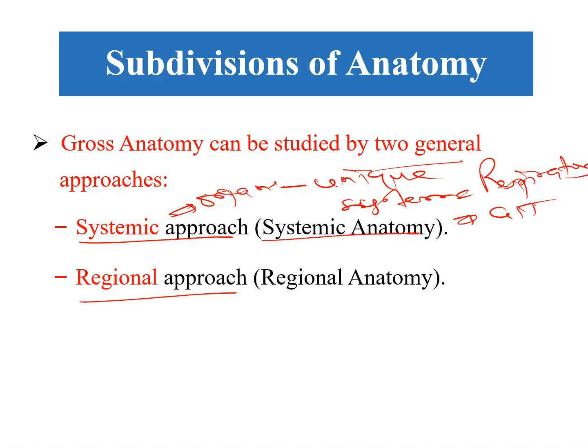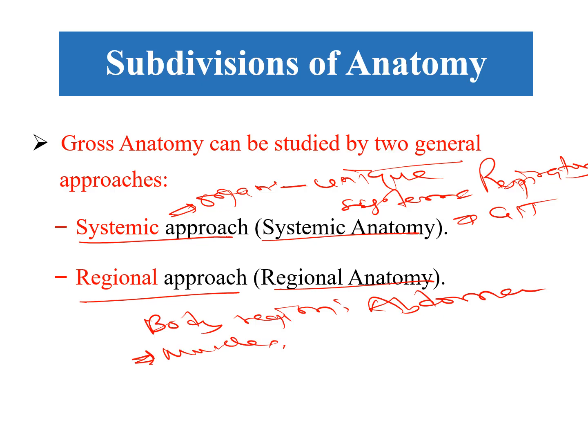Then in the regional approach, or regional anatomy, anatomists study structures confined to a specific body region. The best example I can give here is the abdomen. They are going to study the muscles present in the abdomen, the organs, the nerves, the blood vessels, and how they are related to one another, as well as how they are related to their function that is unique to that particular body region.